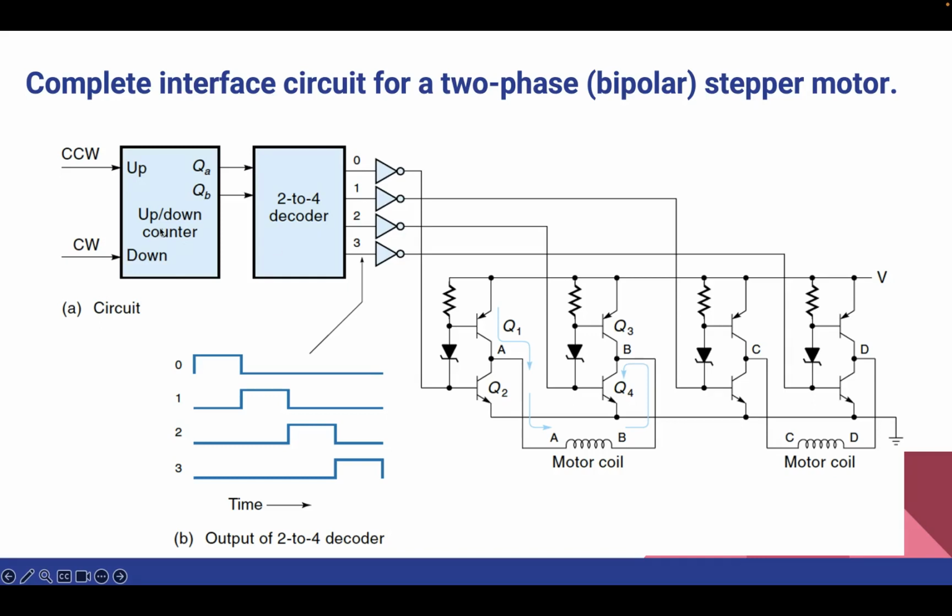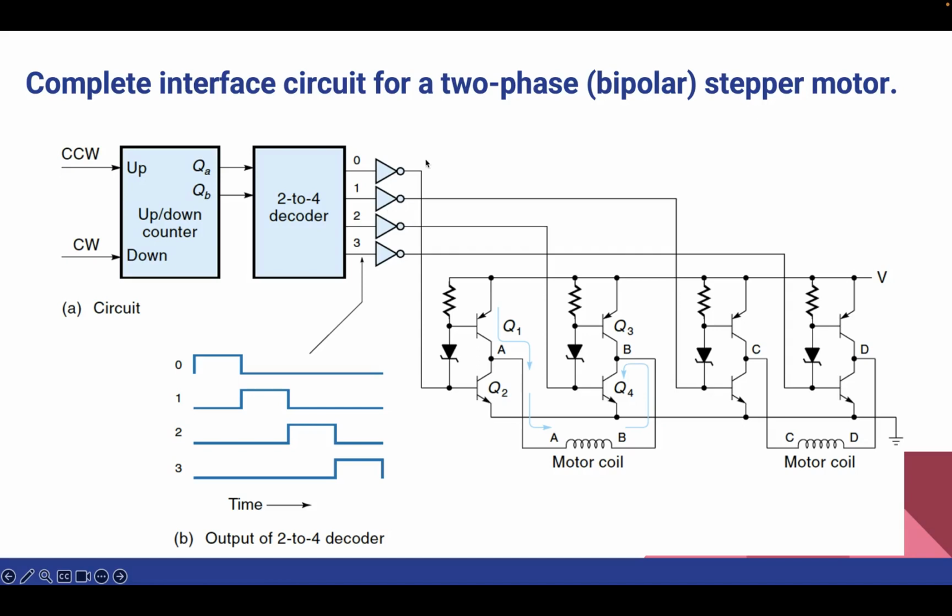The up and down counter is a 2-bit counter, meaning it can hold 4 possible states, which are 00, 01, 10, and 11. Each state corresponds to a particular output from the 2 to 4 decoder, as you can see here. This decoder maps the counter state to the 4 distinct outputs. It ensures that only one output is active at any given time.